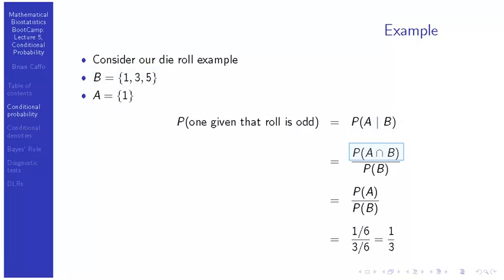And in this case, A is the set containing 1, B is the set containing 1, 3, and 5. So A is a subset of B, so when you intersect the two, you just get A by itself. So it works out to be the probability of A divided by the probability of B. The probability of A by itself is 1/6. The probability of B is 3/6, and we get 1/3, exactly the answer that our intuition told us.